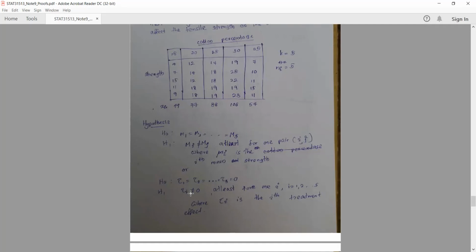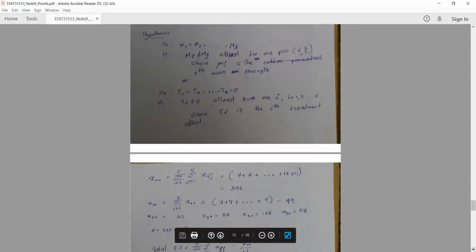Or if you are going with the treatment effect, you can write tau 1, tau 2, up to tau 5 since we have 5 treatments, equal to 0. Now you can see the difference: if you are comparing the means, you have to check whether all the means are equal. But if you are comparing the treatment effects, you have to check whether all the treatment effects are equal to 0, right?